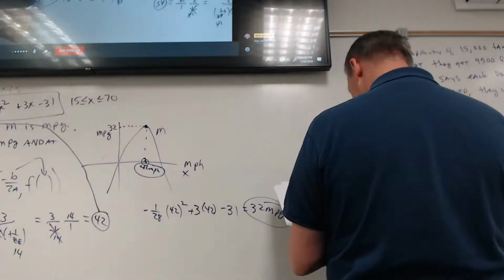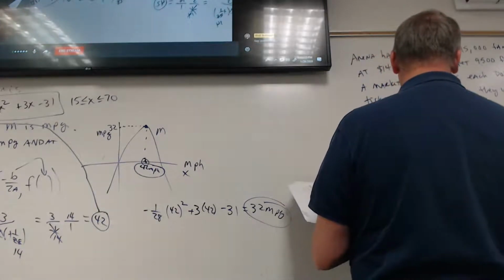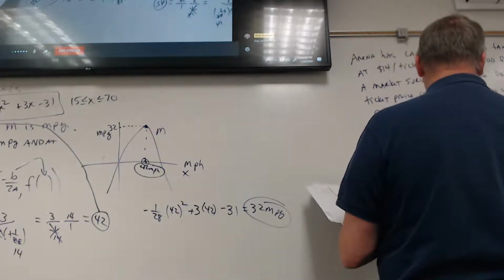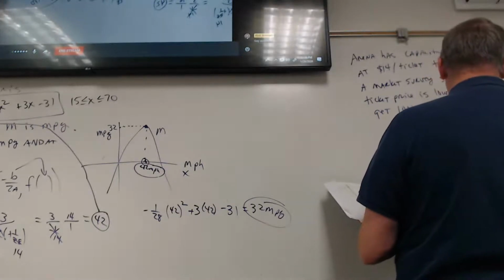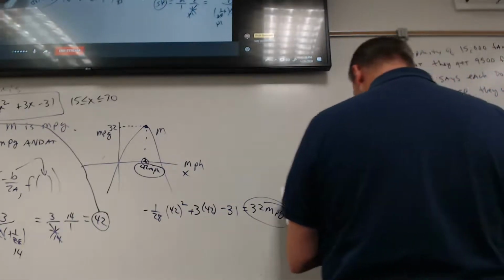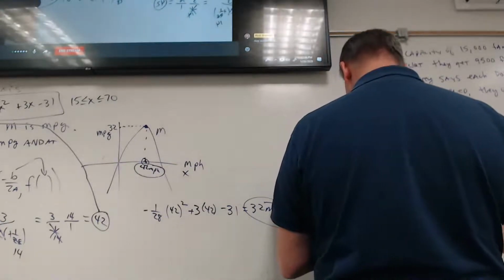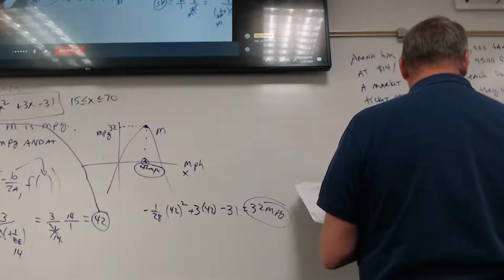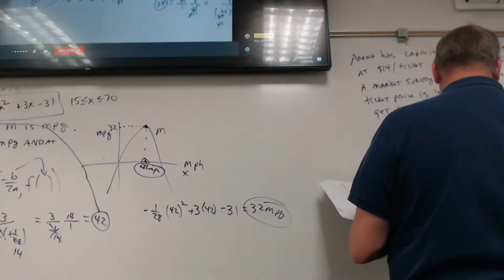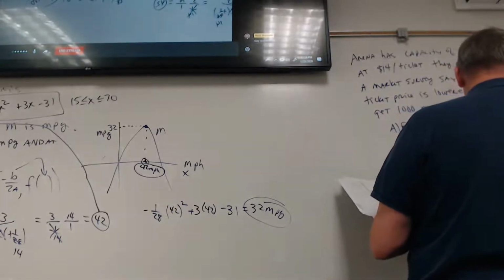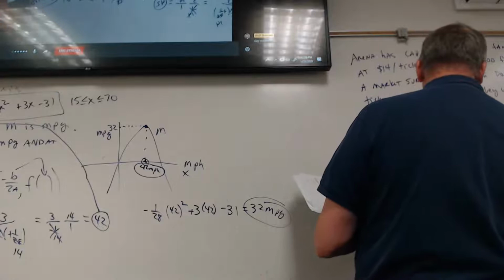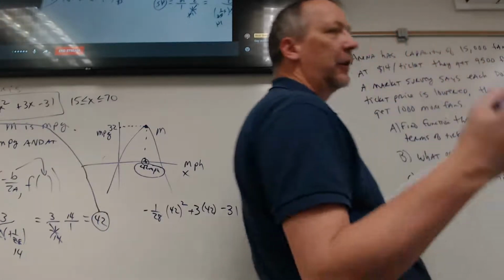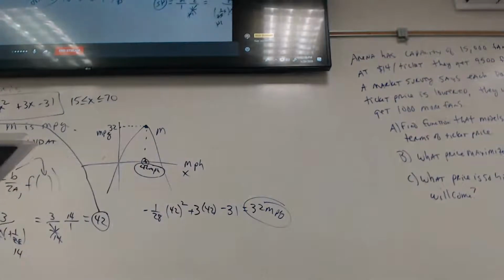B, what price maximizes the revenue, and what price is so high nobody will come. You could probably put it up at $1,000 and nobody would come, right? But the problem is you could probably do it at a lower price, maybe 500, right? Okay.